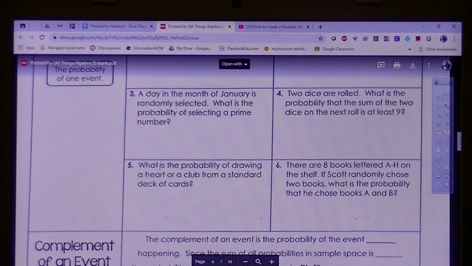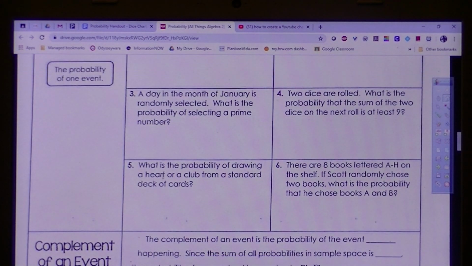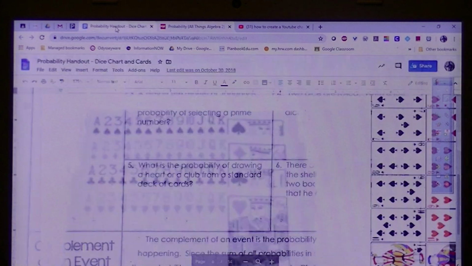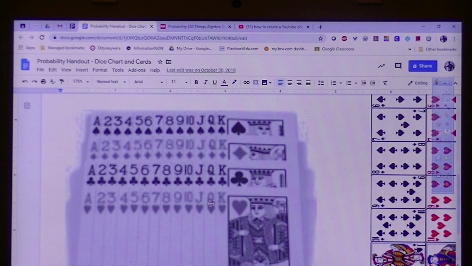So we're saying, what's the probability of drawing a heart or a club from a standard deck of cards? Okay, so hearts and clubs, how many is that? Well, that's 13 plus 13. Okay, so that's 26 total out of 52. Okay, because 4 times 13 is 52.